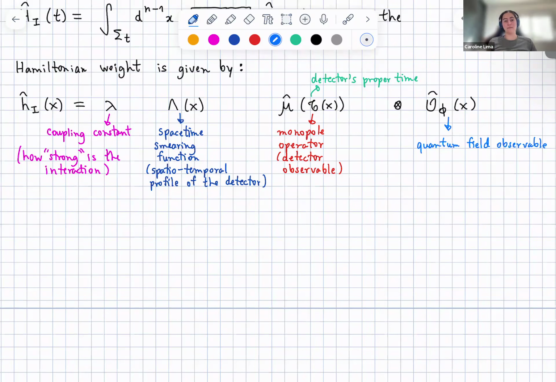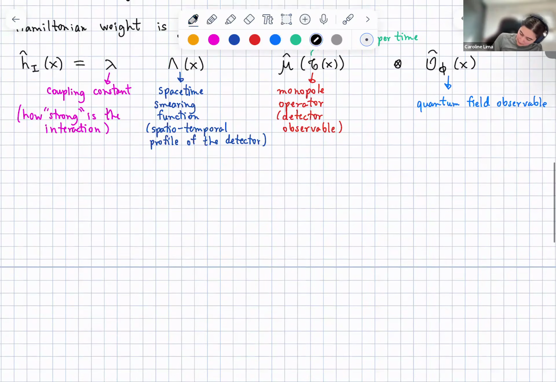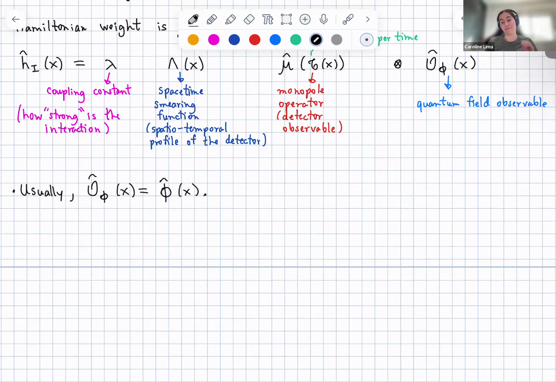And usually what we consider is that this quantum field observable is just going to be the field amplitude. It's not the only choice. Sometimes we can have coupling to the momentum, for instance. But this is the most common choice for sure.